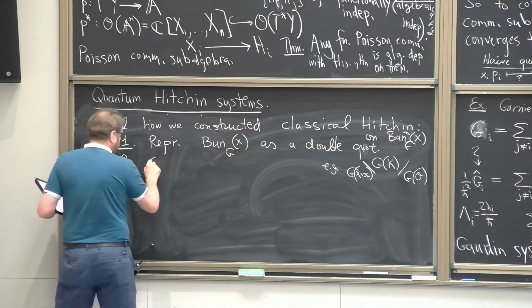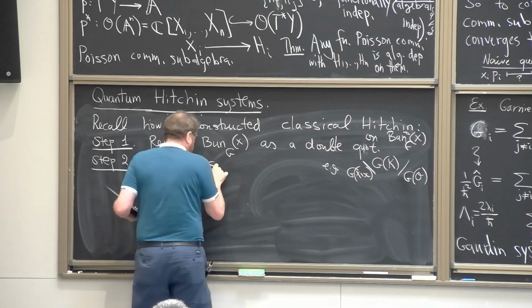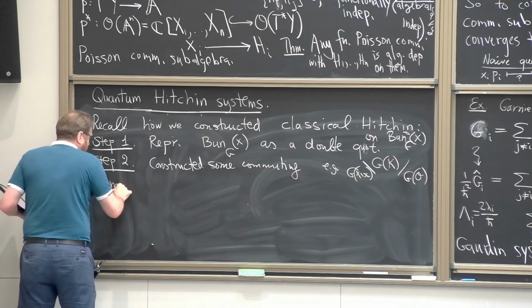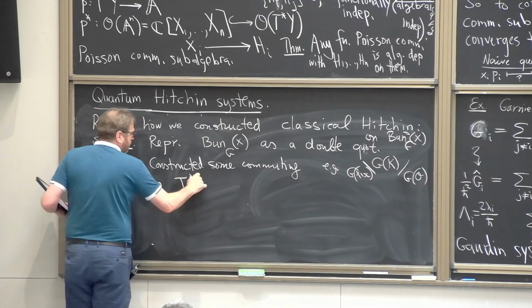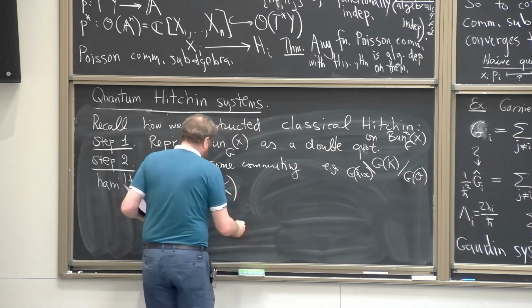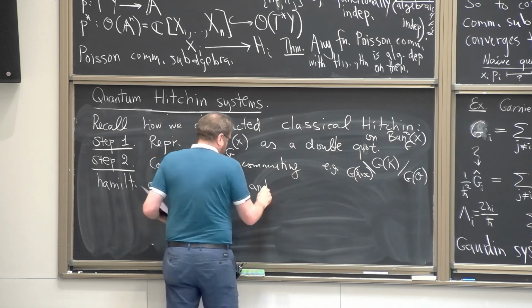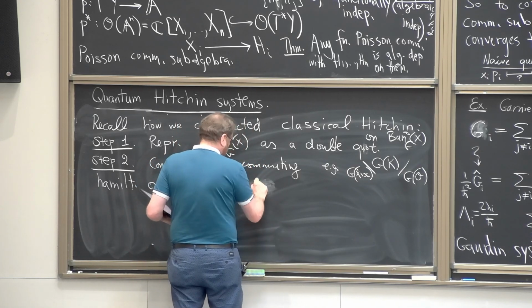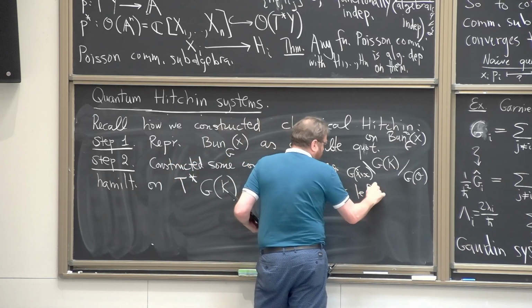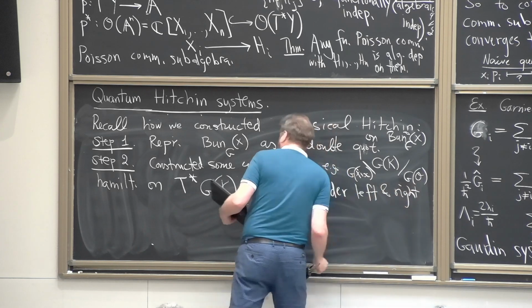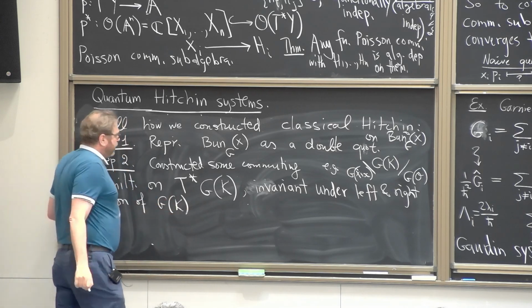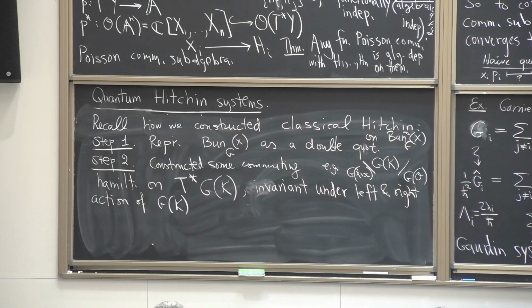And step two, we constructed some commuting Hamiltonians on the cotangent bundle of this infinite dimensional group G of K, which are invariant under both actions, invariant under the left and right action of G of K. So recall that these Hamiltonians depended only on the Higgs field phi.